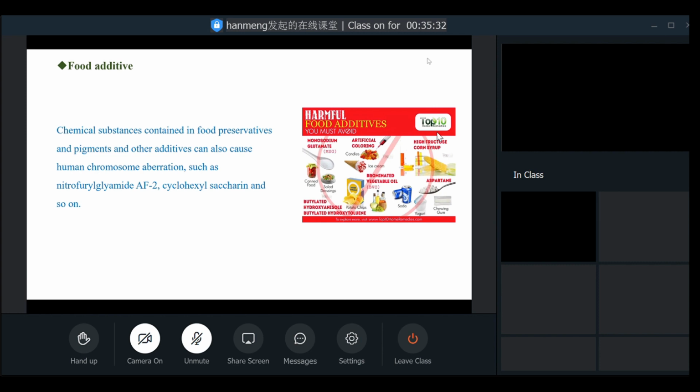Some chemical substances contained in food preservatives, pigments and other additives can also cause human chromosome aberration, such as EF2 or cyclohexyl saccharin, and so on.